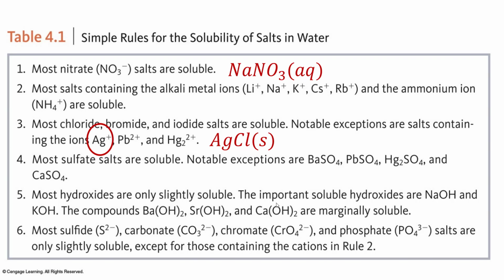But there are notable exceptions, and one of them is silver. So since silver chloride has silver in it, then according to this rule, it's going to be an exception to solubility, meaning it's going to be insoluble. It's going to drop out of solution.